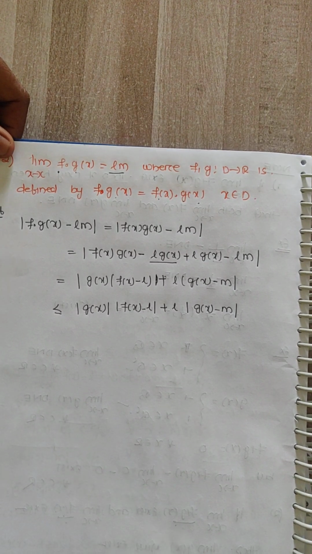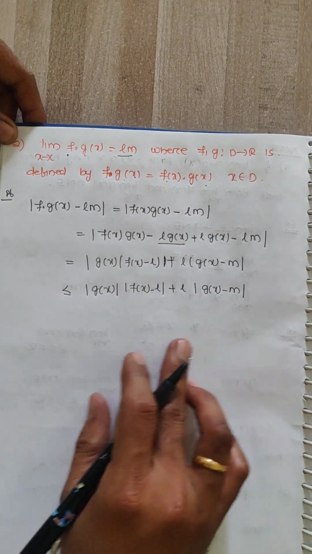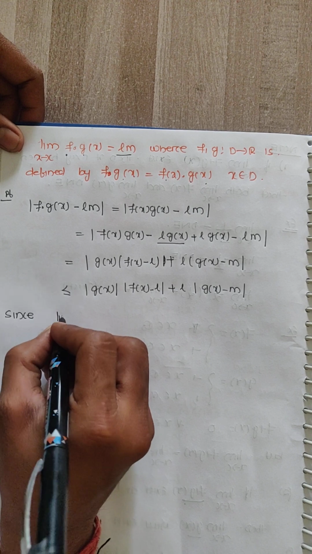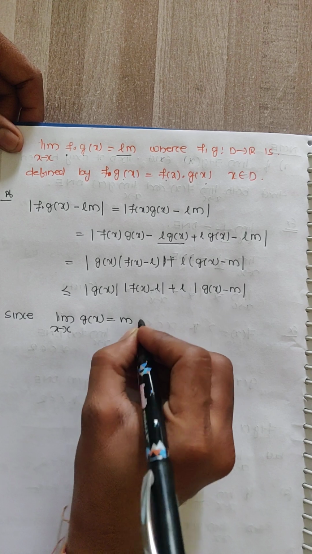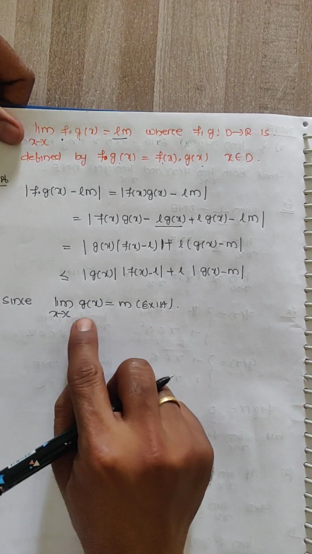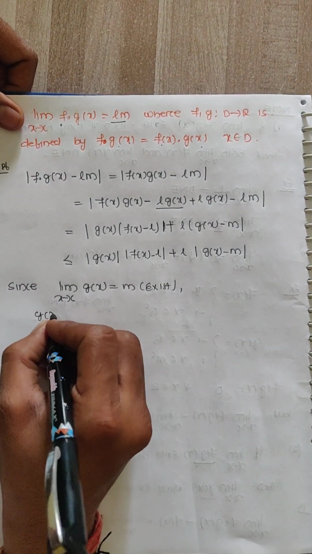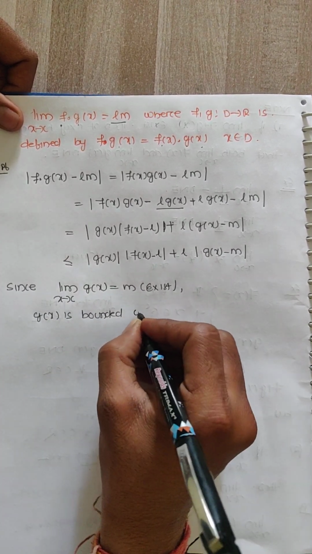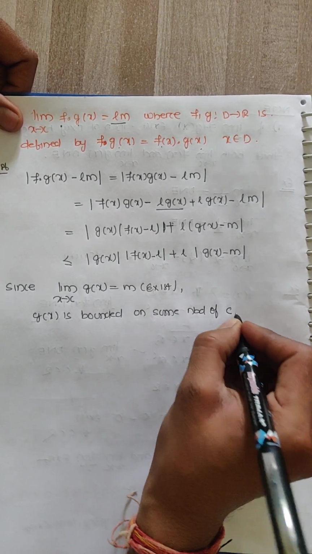Okay, now we'll find some conditions to show that this is less than epsilon. Given that the limit as x tends to c of g(x) exists and is equal to m, we have seen that if this limit exists, then the function is bounded. This implies g(x) is bounded on some neighborhood of c.